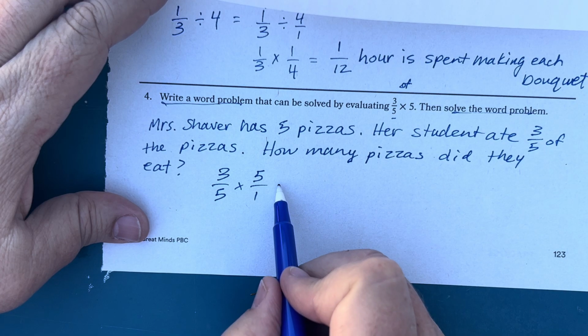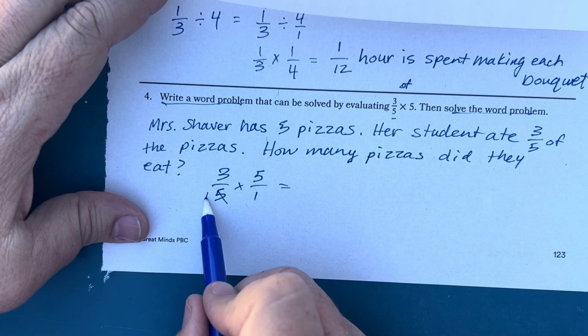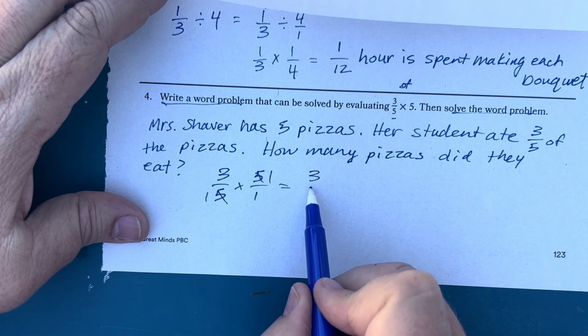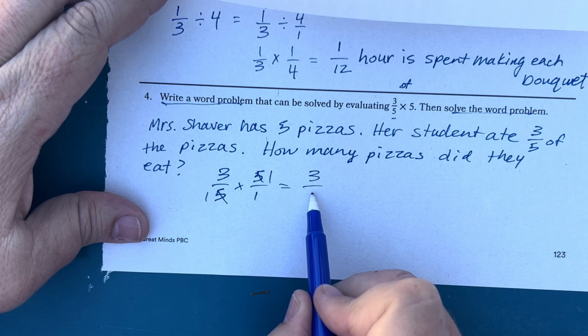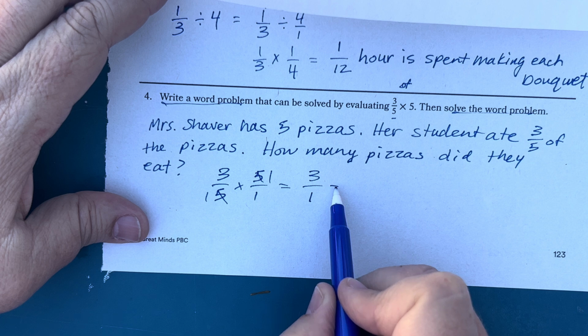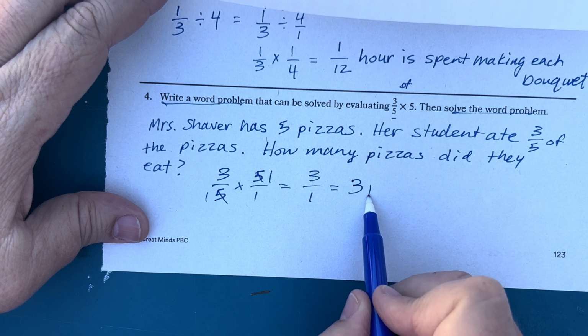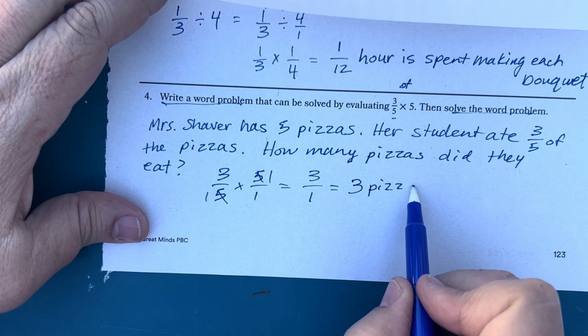And do you see an opportunity to cross cancel? I do. So I see 3 and I see 1. So our answer is 3 pizzas.